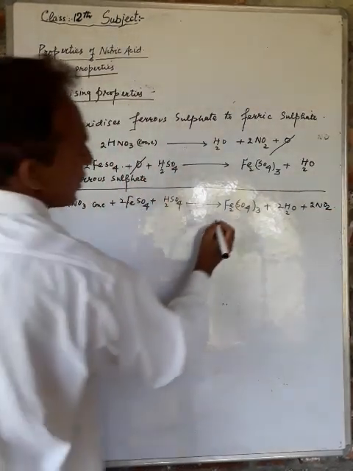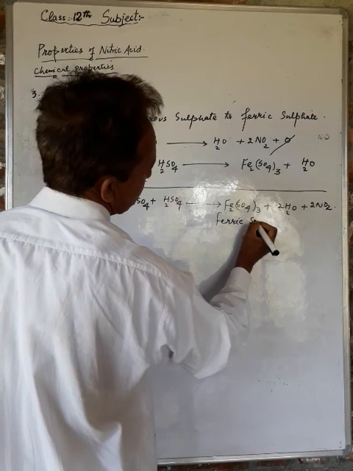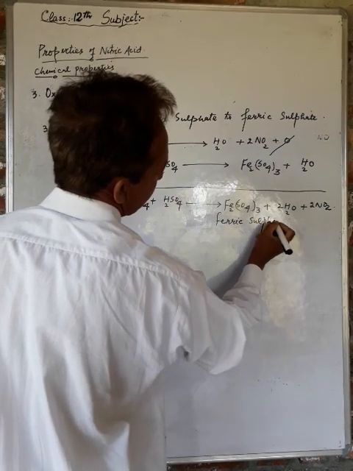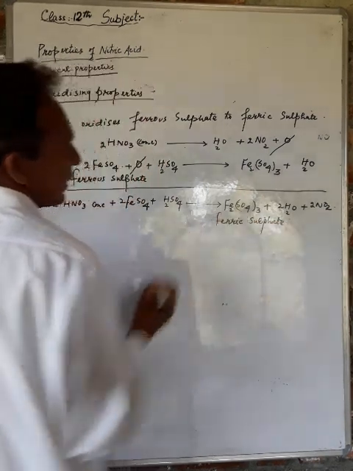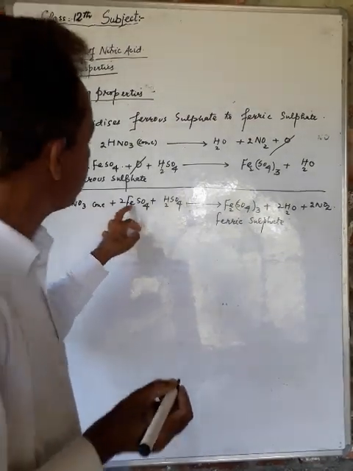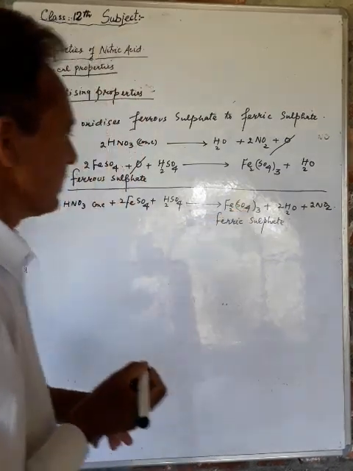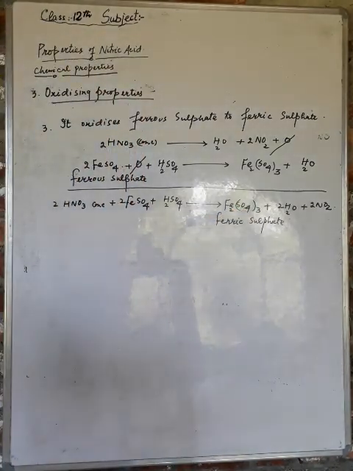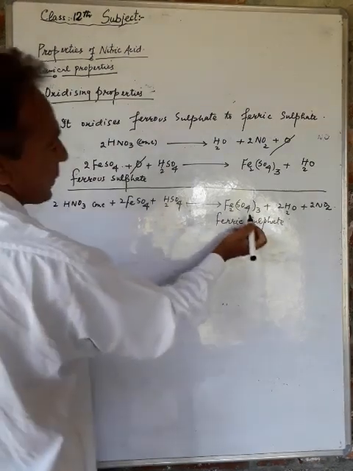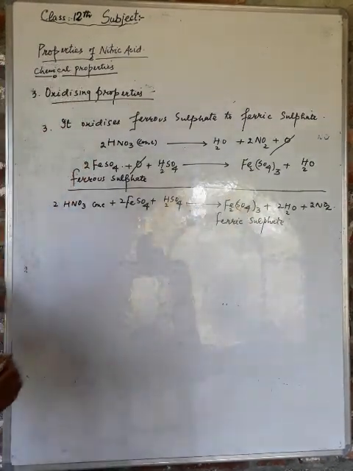This is ferric sulfate. Here in ferrous sulfate the oxidation state of iron is +2, and here it is +3. So in ferric sulfate, the oxidation state of Fe is +3.